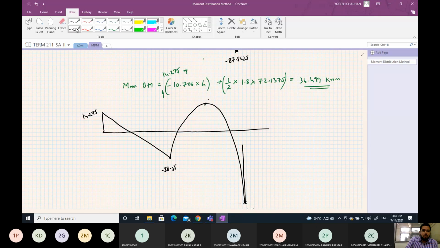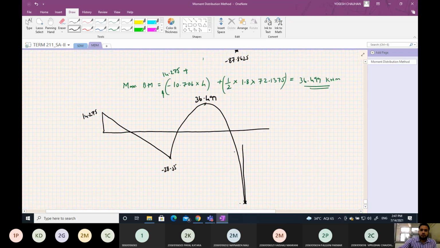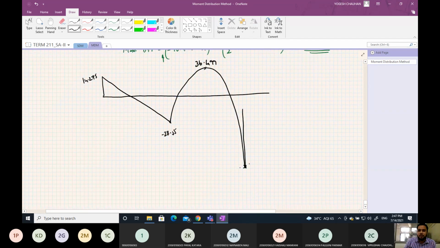So this moment is 36.499. Then 36.499 minus 0.5 into 2.2 into 87.8625. That is almost 60, so it is around minus 60, and this will vary linearly, and 0 here.